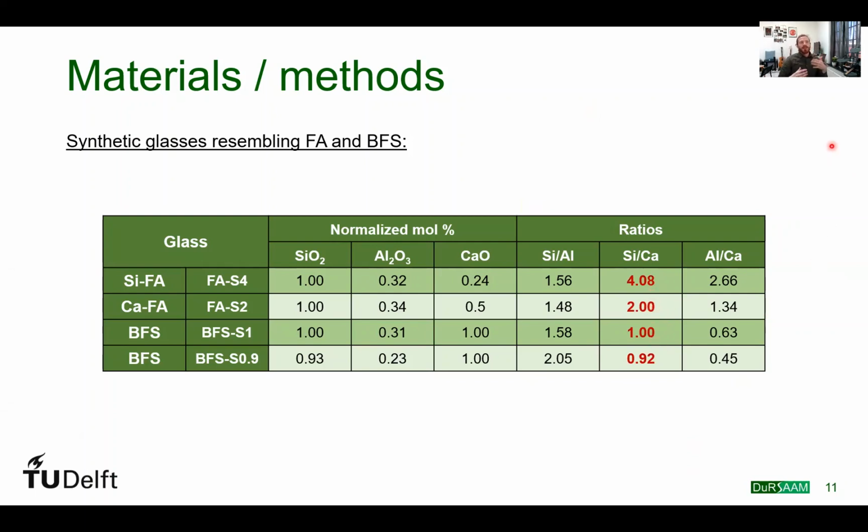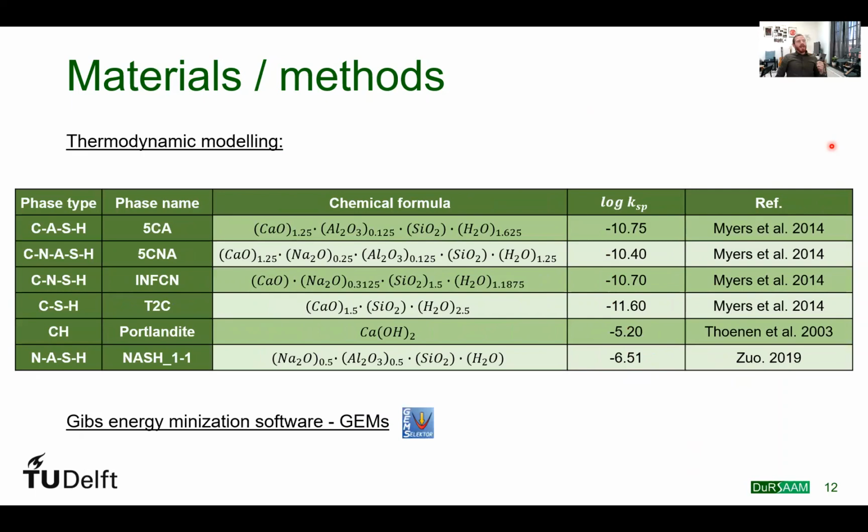The synthetic glasses are obtained by melting and quenching a mix of these three oxides. We also did thermodynamic modeling to calculate the potential formation of the main reaction products of alkali-activated materials that have available thermodynamic data in the literature. For that, we use the GEMS software.